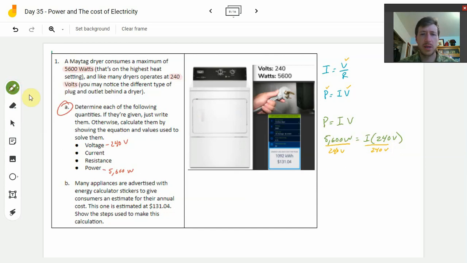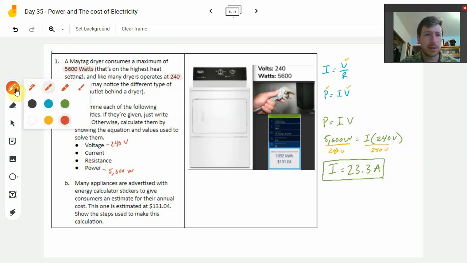And the current ends up being 5,600 divided by 240. It's 23.3 units for current, which is amps. Right? So 23.3 amps. So that's a good bit of current going through this dryer, which makes sense. With that large amount of power and that voltage, we'd expect to see a pretty high current as well.